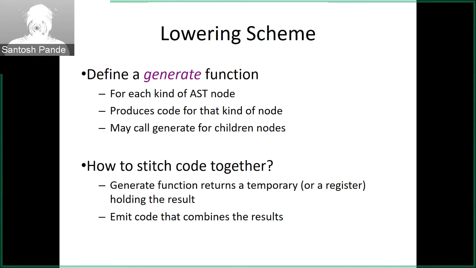We will hold the results for the sub-expressions in a temporary symbol, and then we'll send that symbol up to be combined with other symbols or temporary results. We'll combine them, and we'll keep going on and on, and that's how we will generate code for these expressions or an expression tree.